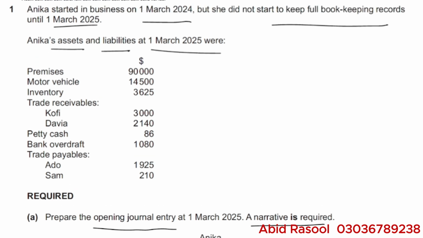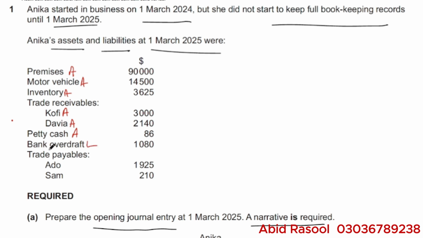Now we see which of these are assets and which are liabilities. Premises is an asset, motor vehicle is an asset, inventory is an asset, trade receivables are assets, and the petty cash balance is an asset. Bank overdraft is a liability.